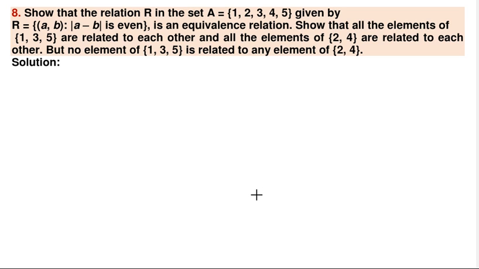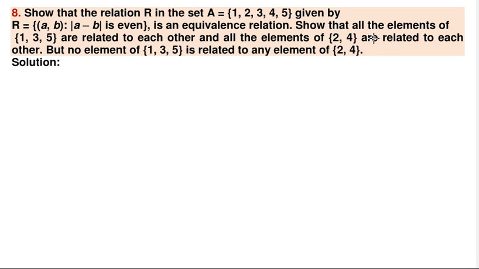Question number 8: show that the relation R in the set A containing 5 elements 1, 2, 3, 4, 5, defined as the collection of ordered pairs (a, b) such that the absolute difference between a and b is an even number, is an equivalence relation.